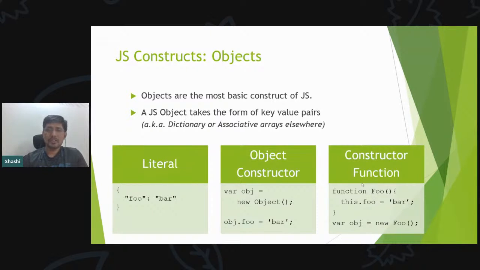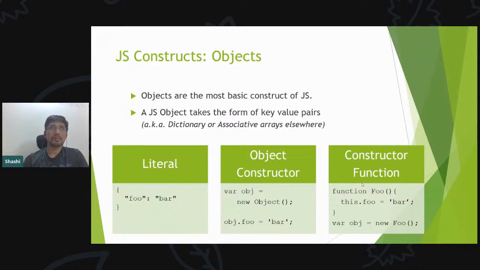Now, just because object is so basic, there evolved multiple ways of creating objects in JavaScript. The first one, and the most common one by far, is the literal syntax that you see in the left hand side box. The literal syntax is a way of creating an object simply by using curly braces.